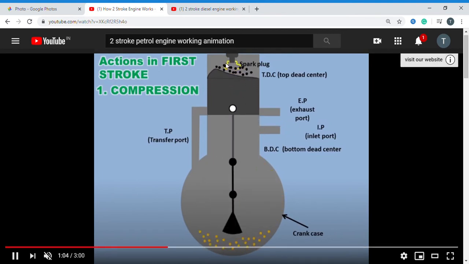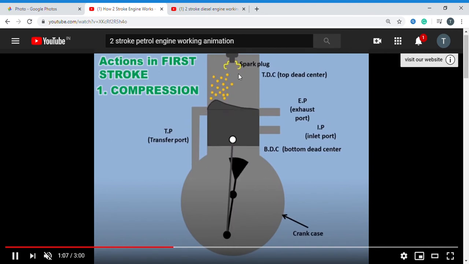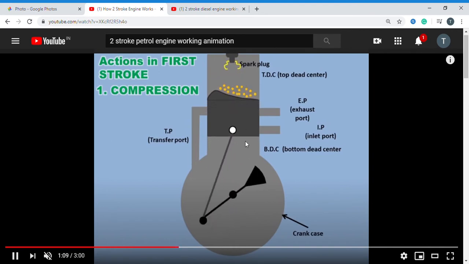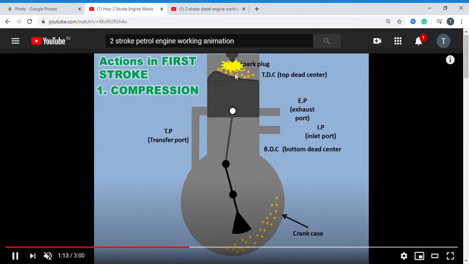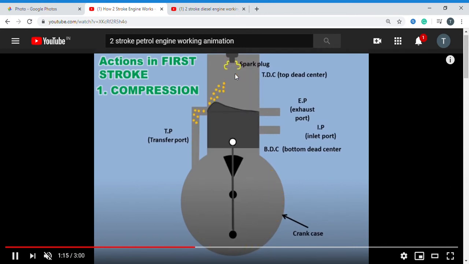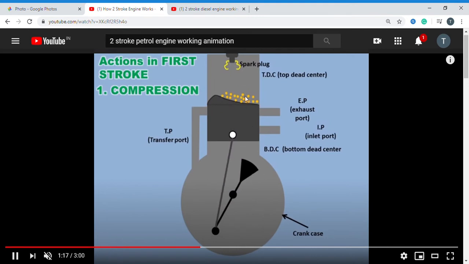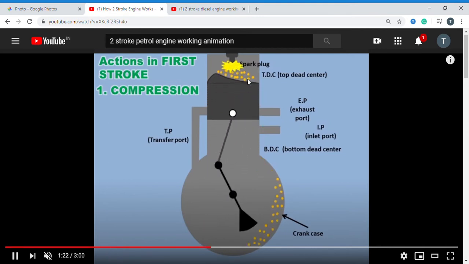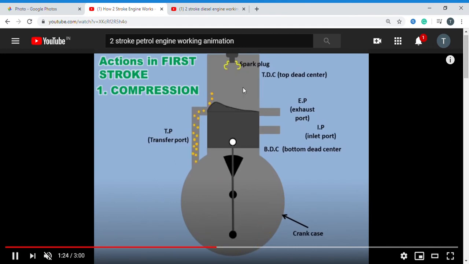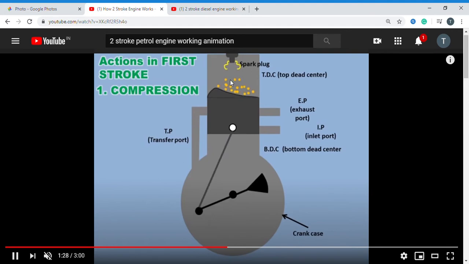Suction process, compression, when the piston moves from the BDC to TDC. So suction process and compression process we are getting from the piston movement from BDC to TDC. Within one stroke we are getting two working processes, that is suction and compression.